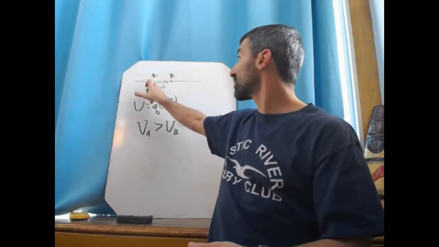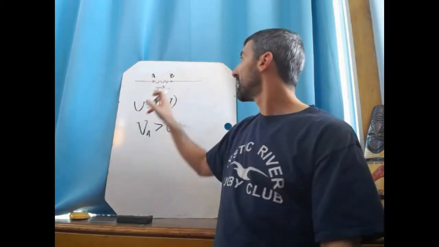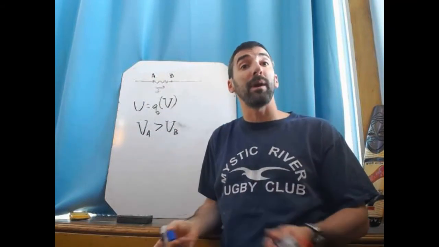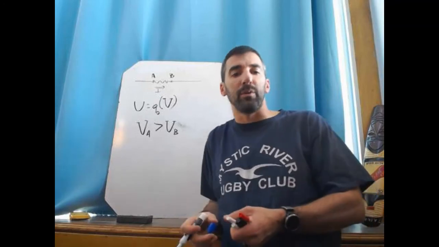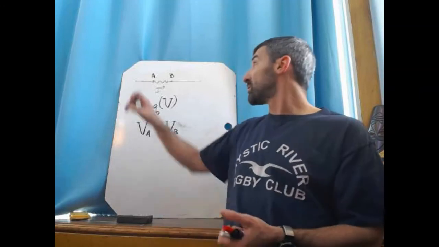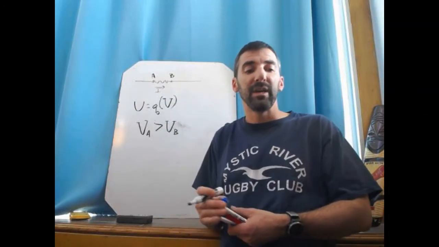So the potential energy here per charge carrier would be bigger than here. And if this wasn't a resistor, if this is a light bulb, you'd be able to see that because light bulbs light up. That is energy per unit time, which is power, which means we would see that it is dissipating and or using some of that energy.